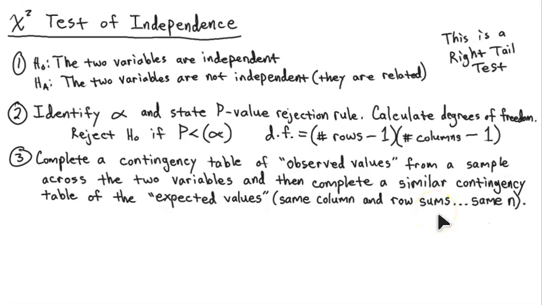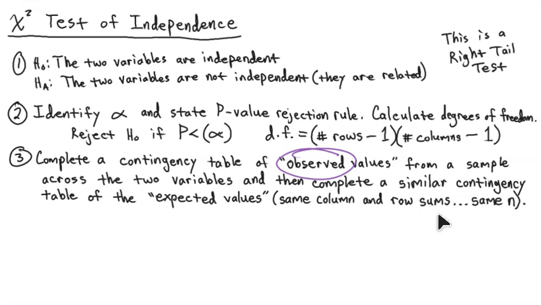All right, in step 3, we're going to complete the contingency table of observed values that I showed you an example of before. Now, you may want to pause this and write out this whole step. This is a very important step. We're going to complete a contingency table of observed values. What are observed values?